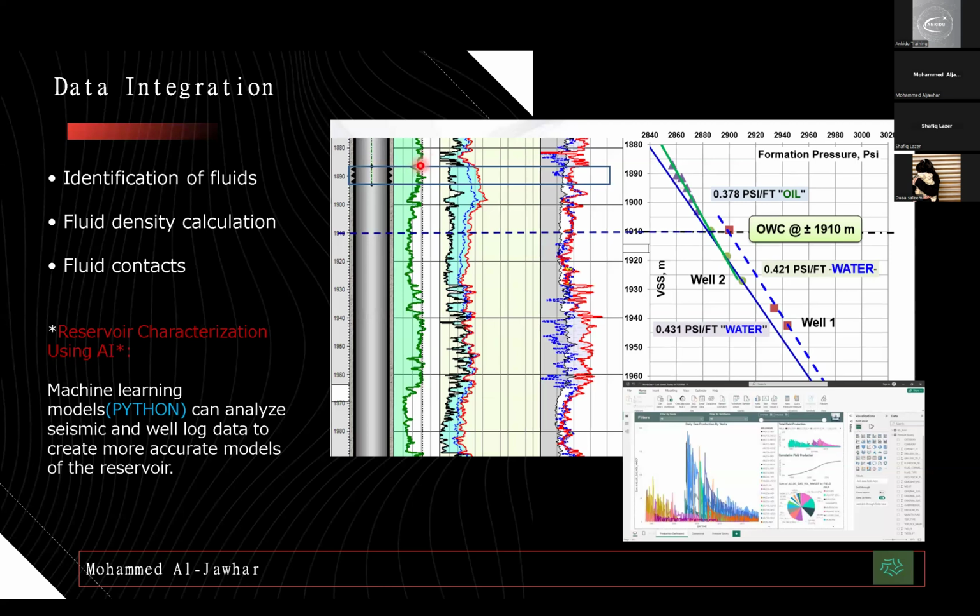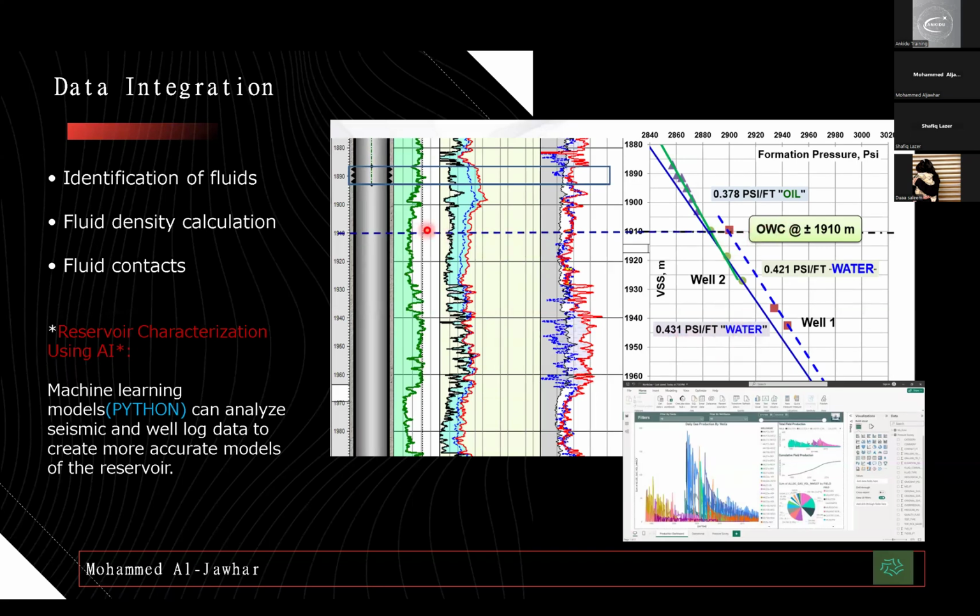Is it accurate? Is it not? Are they qualified to get all the information needed, and are we removing all the noise in the data? Otherwise you can make a wrong decision afterwards, for instance, getting the wrong oil water contact.